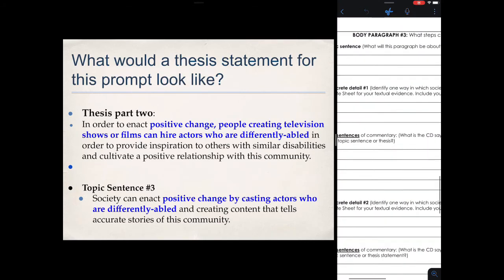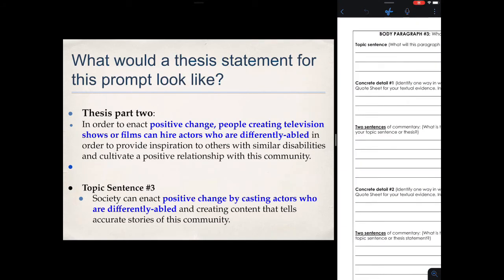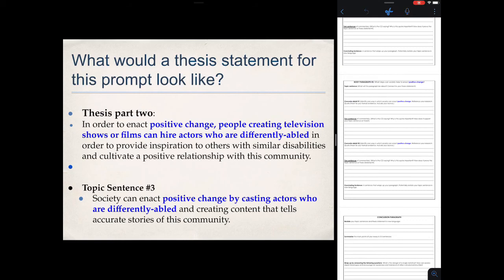So I would transfer that over to the 3rd body paragraph topic sentence on your outline. And when you're done with that, you have officially finished writing your thesis statements and your topic sentences for your essay.